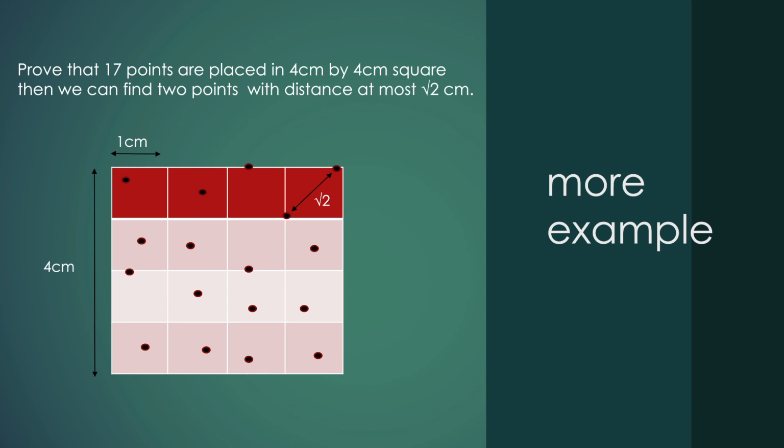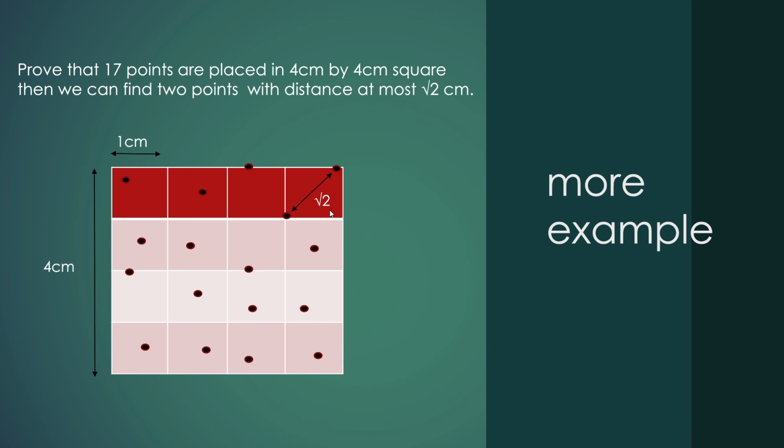We first draw a 4 cm by 4 cm square and divide it into 16 squares of 1 cm by 1 cm. Then we choose points in the small square. The distance between these points must be less than or equal to square root of 2 cm, like this.